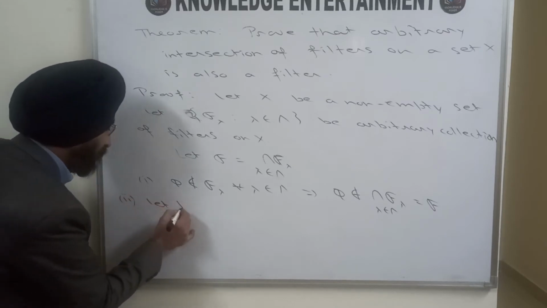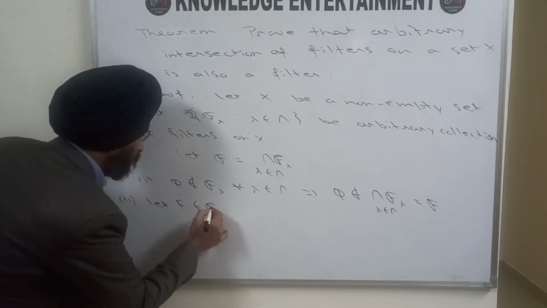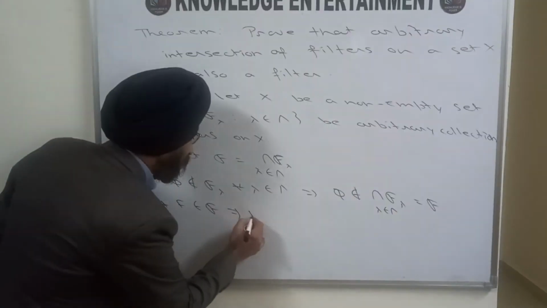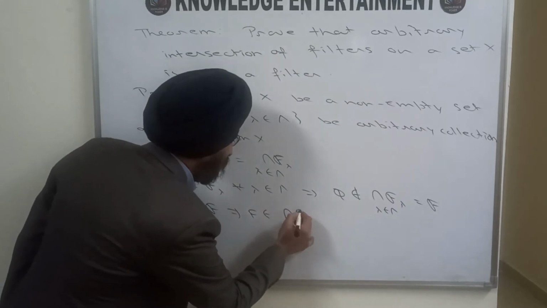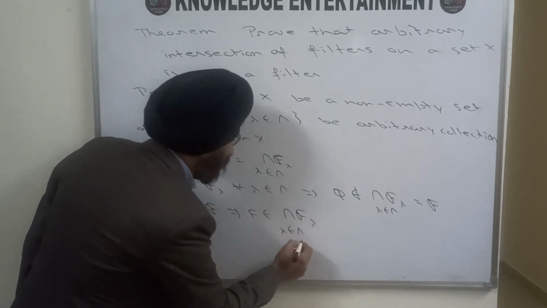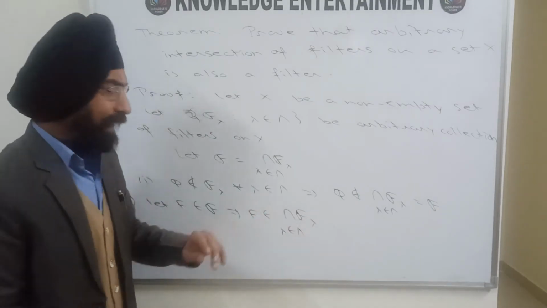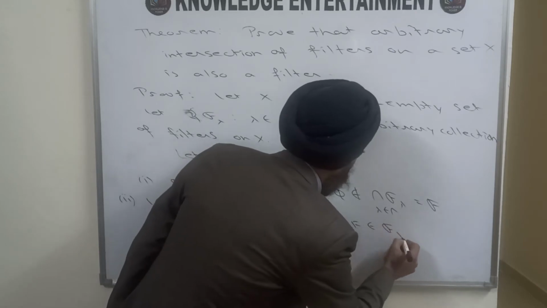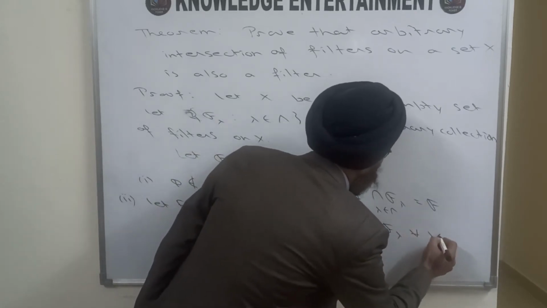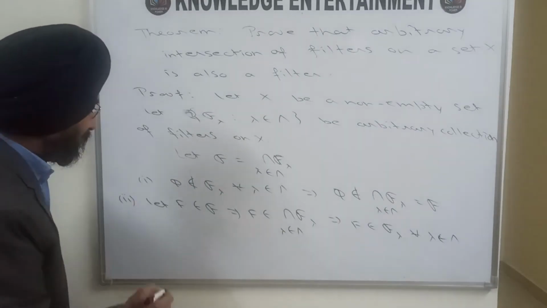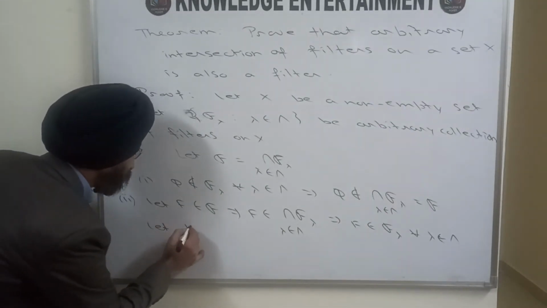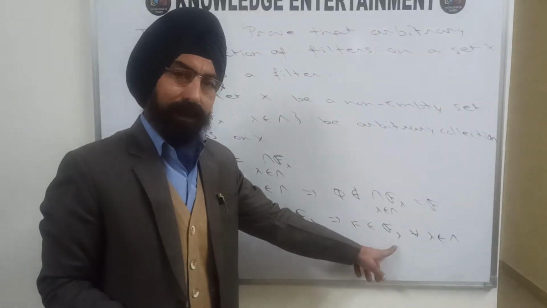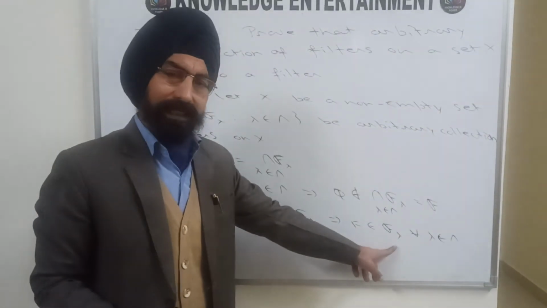Let F be a member of this intersection. That means F belongs to the intersection of F_λ. And since F is in the intersection, that means F belongs to F_λ for every λ of that particular family. Let H be a superset of F. Now F belongs to F_λ for every λ, and this F_λ is a filter.